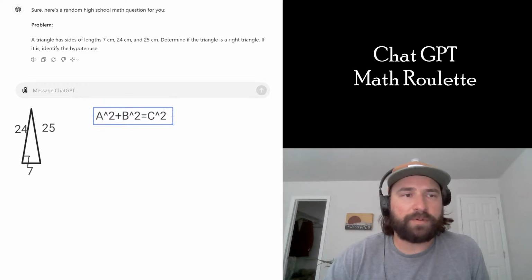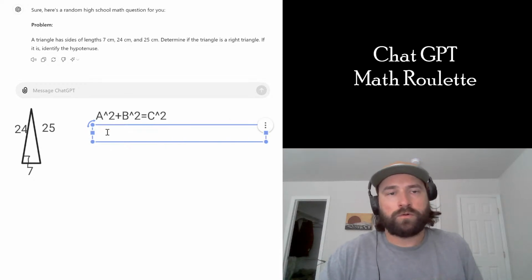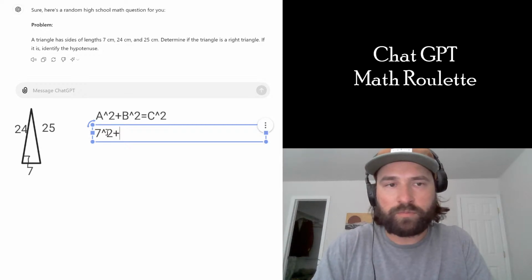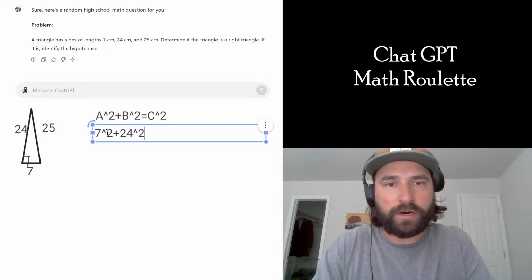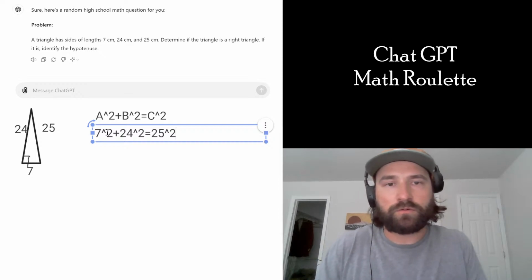C is always the hypotenuse, so let's set up our equation with our sides. So we got 7 squared plus 24 squared, the smaller two sides, squared, have to equal the longest side squared.